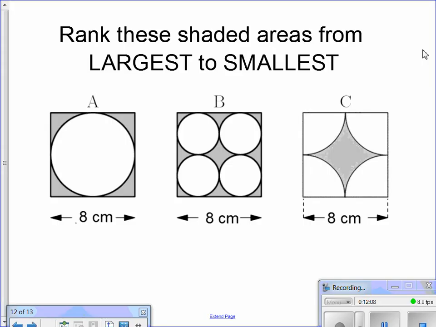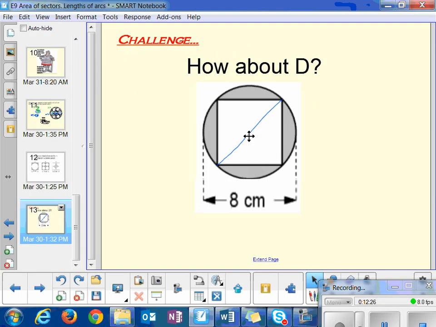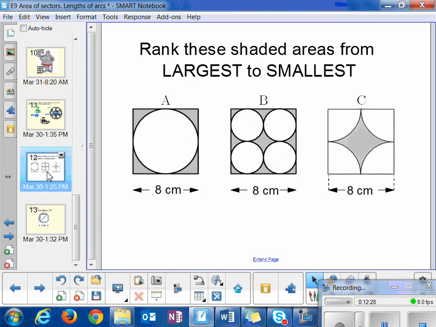But the additional challenge, first, prove that they're all the same. And second, what about D, and I'm telling you it's not the same. My hint to you will be, this is 8 centimeters, meaning this part is also the diameter, which is 8 centimeters. All right, guys, I'm going to leave you with that challenge. Try to figure out how that shaded area relates to these shaded areas.